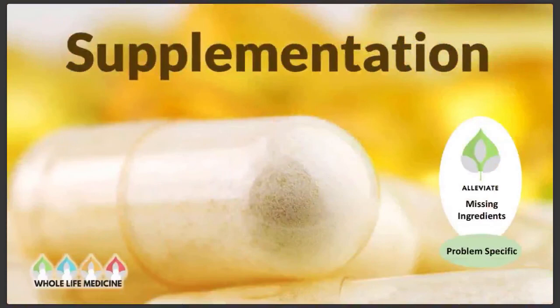So supplements can also be useful for returning gut microbiomes to normal and reducing pain and dysfunction associated with arthritis conditions. And here we're talking about some missing ingredients that might be a little bit more problem specific. So as an example, in osteoarthritis, there's a common use of glucosamine or chondroitin sulfate, and they're basically subunits of cartilage.